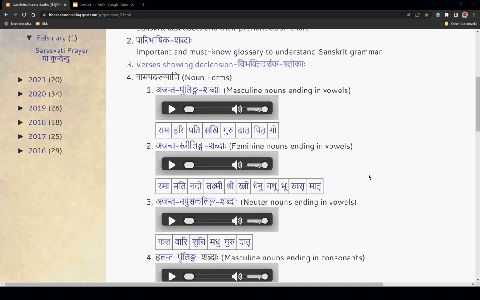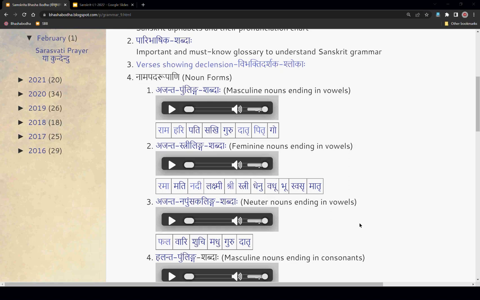For example, when we say Balakasya Kandukaha, in this case Balakasya is a Namapadam, Kandukaha is a Namapadam, right? Or Balikayaha Pustakam, so Balikayaha is a Namapadam.